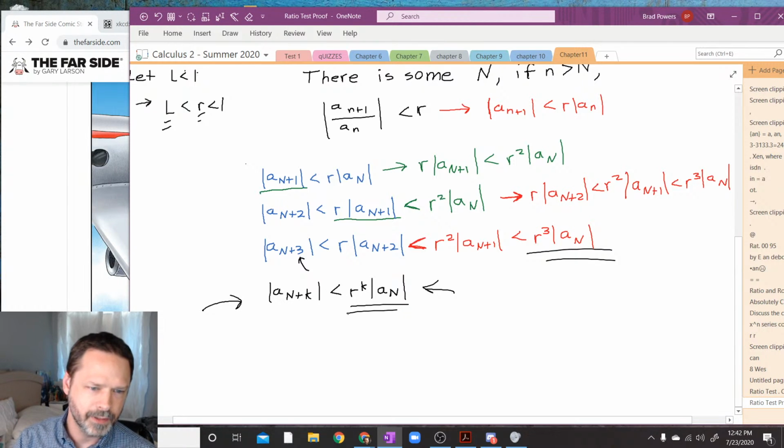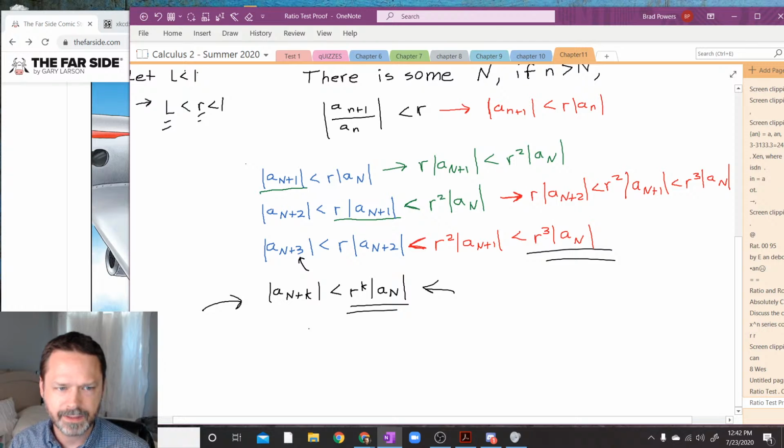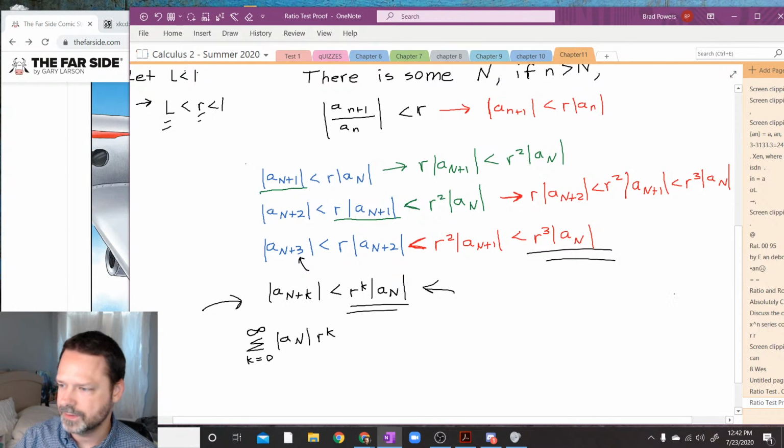Well, anyway, let's play around with this. So we're looking at this series here, from k equals 0 to infinity of the absolute value of a sub n times r to the k. And I know that converges when r is between 0 and 1.